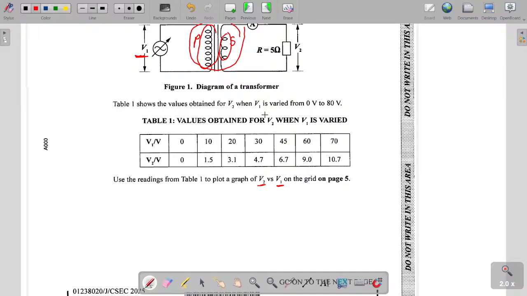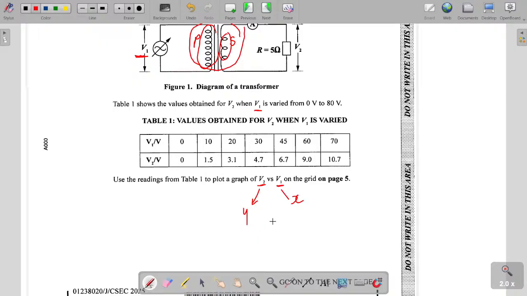Looking at which of the voltages is being manipulated, it is V1, so on our x-axis we should have V1. That is what is being manipulated from 0 to 80. However, what is being measured is V2, and so on the y-axis we should have V2.